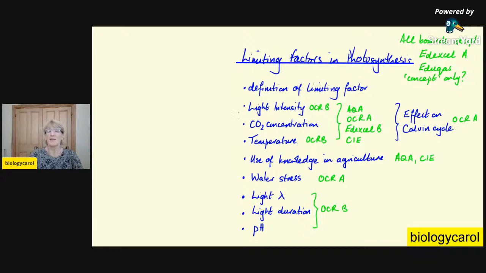Just so that you're aware, this is looking pretty complicated because this is what I'm going to be going through this afternoon. Worth you knowing that all boards except for Edexcel A, as far as I can gather from their syllabus, require you to know about the effects of light intensity, carbon dioxide concentration, and temperature on photosynthesis.